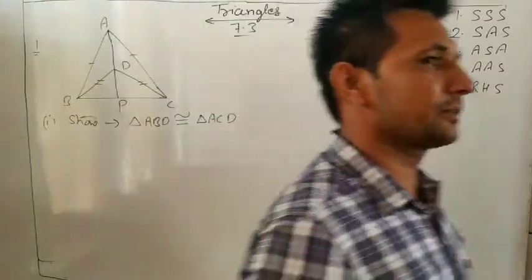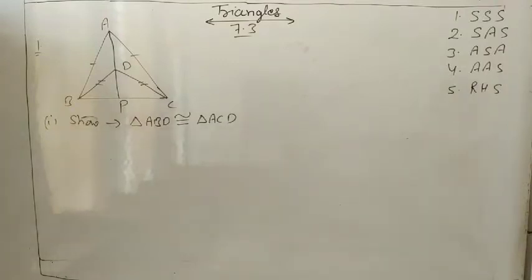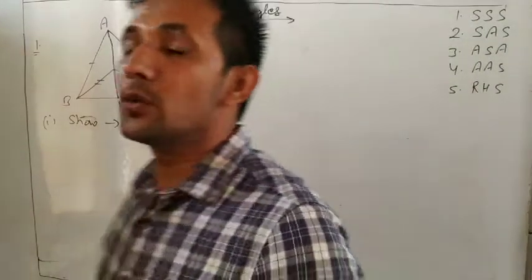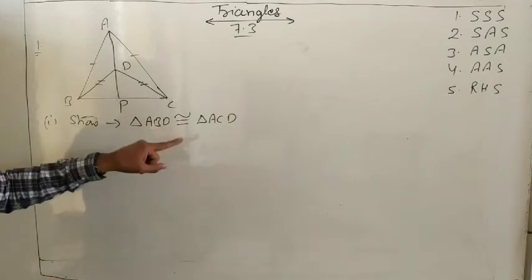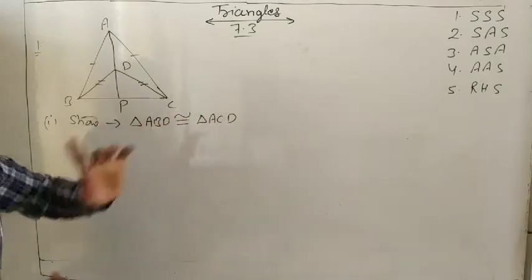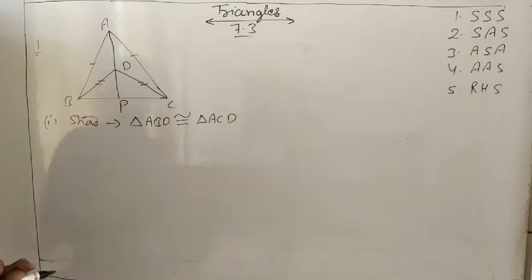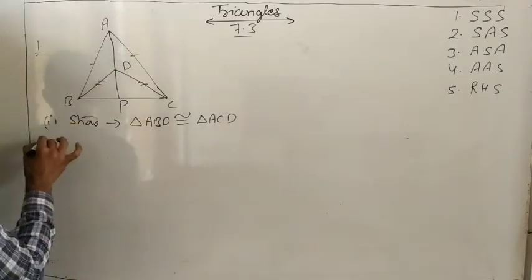I already explained how we will prove that triangles are congruent. Always we will take two triangles, the ones we want to prove congruent. So we will take triangle ABD and triangle ACD. So, proof.